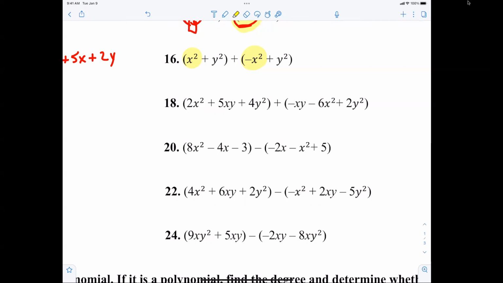So there's no x squareds now. So now final answer, please. That's it. 2y squared. Now the mistake is made by doing y to the 4th or 2y to the 4th. When you add, you're not adding exponents and things must be exactly the same.